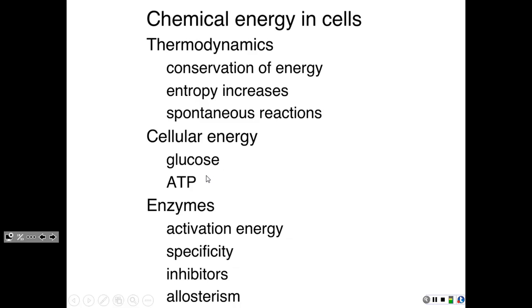What cells turn to instead is ATP, the dollar bill of their energy currency, because when you break off one of the phosphate groups associated with ATP, you release 7.3 kcals per mole of energy. So instead of that really big 686 kcal per mole chunk of energy, ATP lets cells manage more useful units of energy, 7.3 kcals per mole.